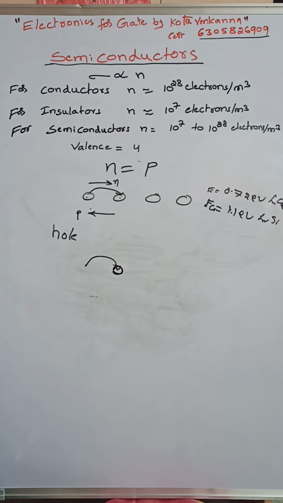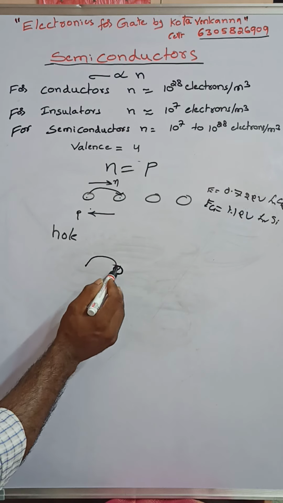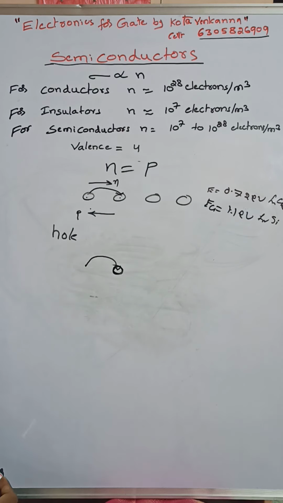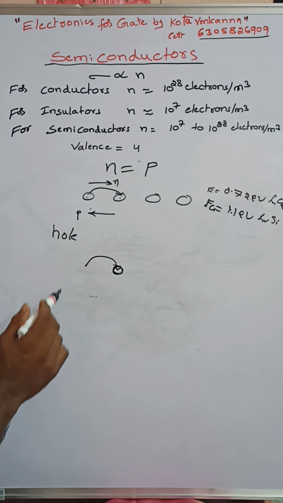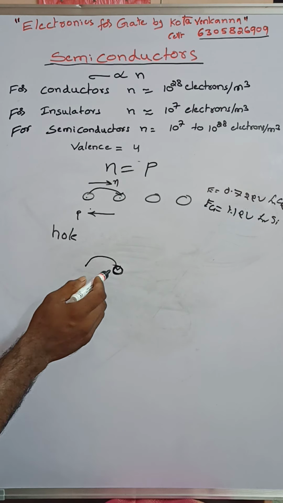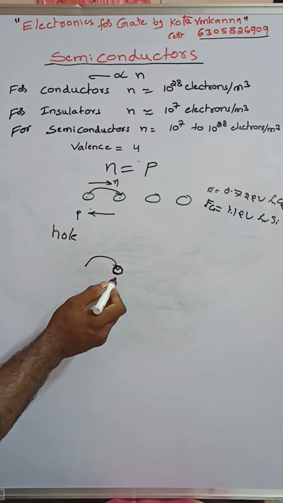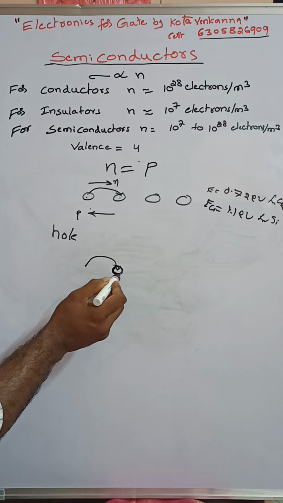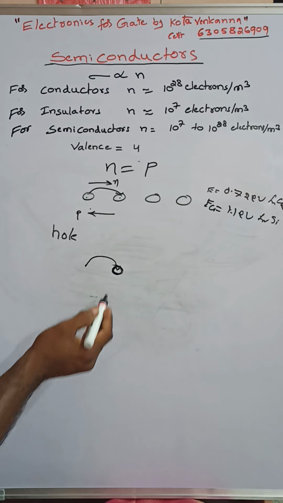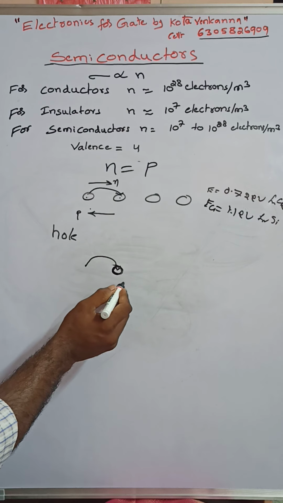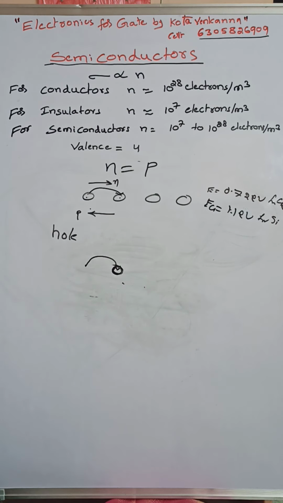This process is known as recombination. When recombination occurs, one electron hole pair disappears and immediately another new electron hole pair is generated.